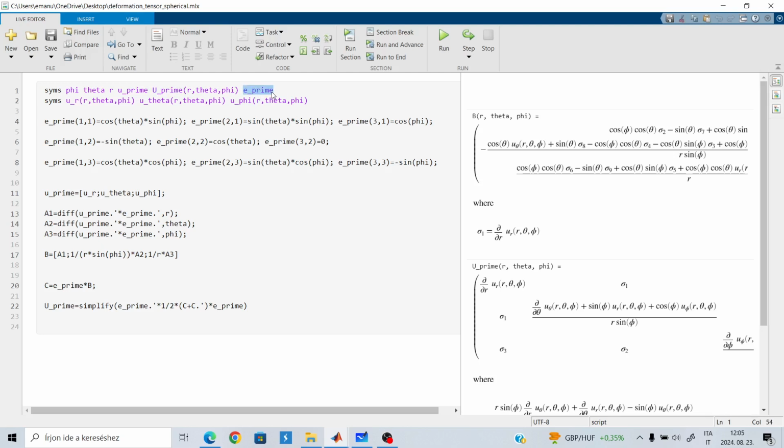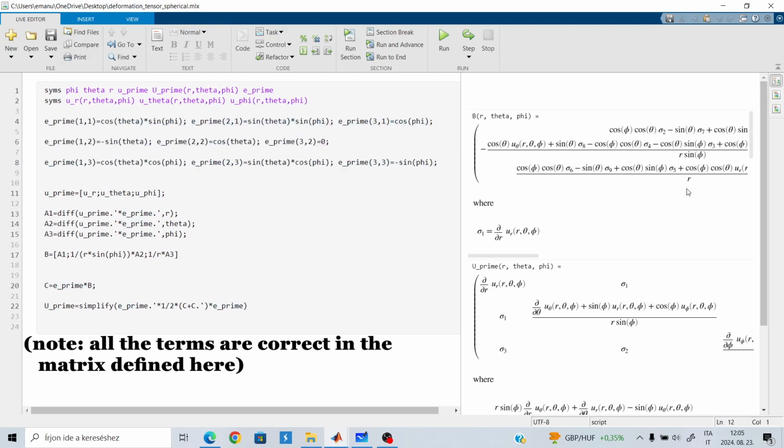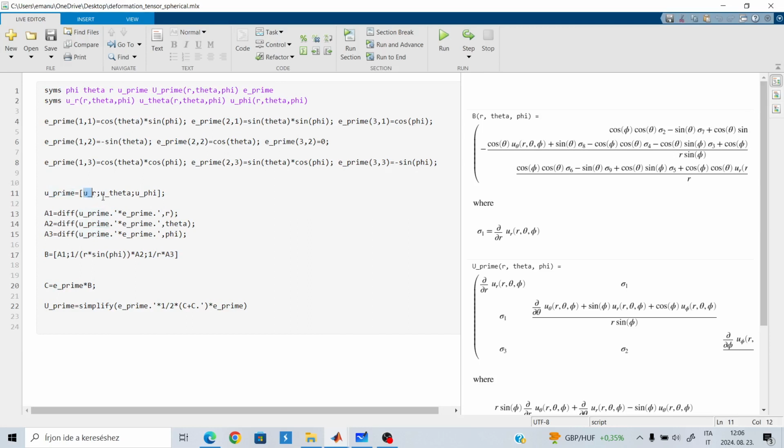And then we have E prime, which is the matrix that I also define in here. I define the matrix by components, and then I define U prime as U sub r, U sub theta, and U sub phi. U sub r, U sub theta, and U sub phi are also defined as symbolic variables.